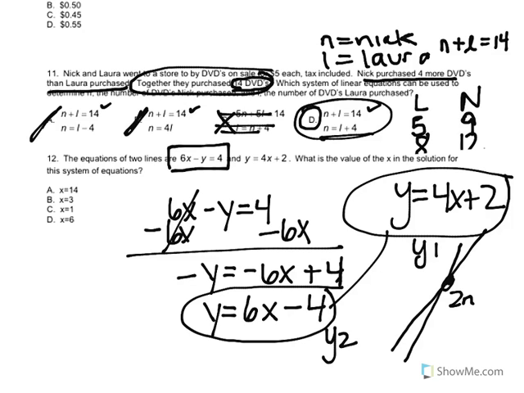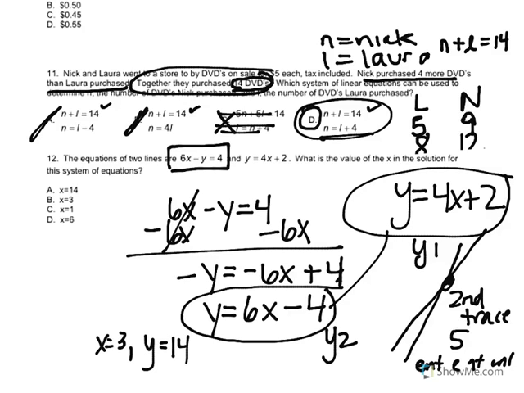Second, trace, then number 5, and then enter, enter, enter. When you do that, you find that x equals 3 and y equals 14. So it says what is the value of x? x is equal to 3, and there it is.